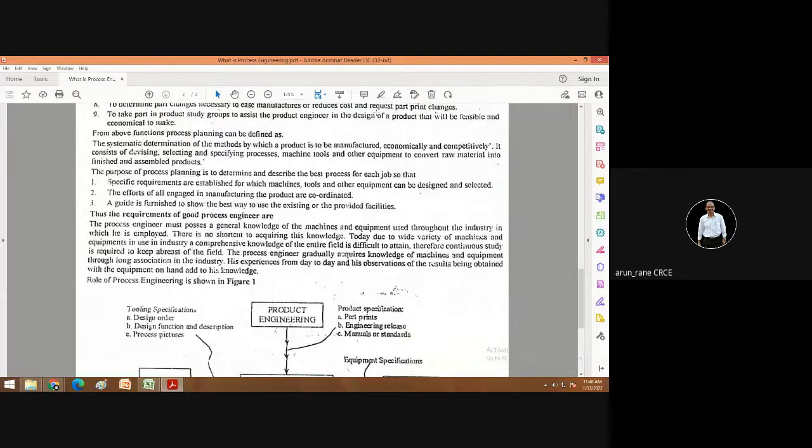So process planning consists of devising, selecting, specifying processes, machine tools, and other equipment to convert raw material into finished and assembled products.